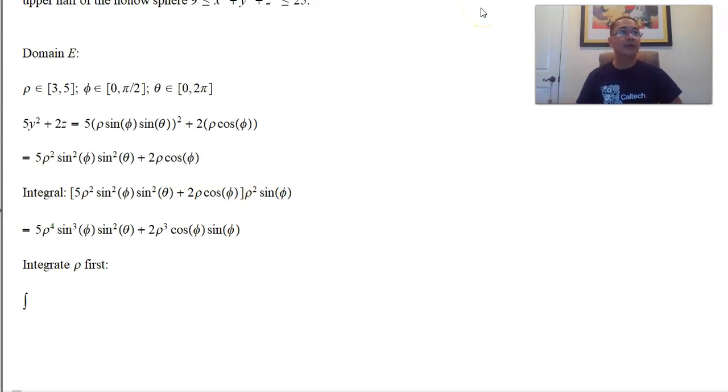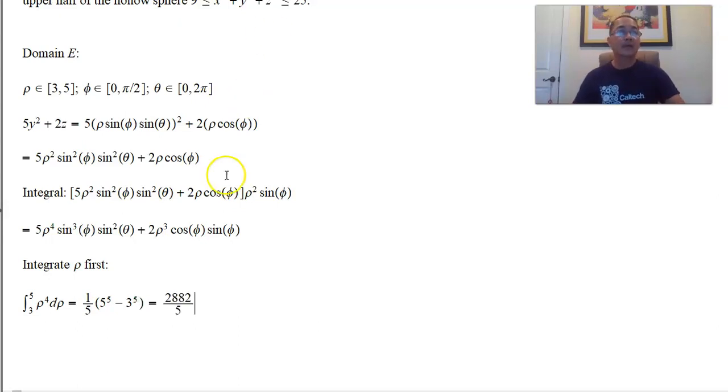So we need the integral from 3 to 5 of rho to the 4 d rho. This is like the easiest part. So this will be 1/5 rho to the 5. Let's plug in our limits: 5 to the 5 minus 3 to the 5.